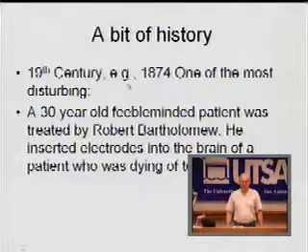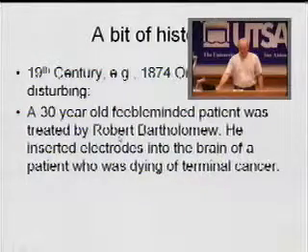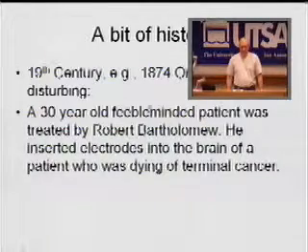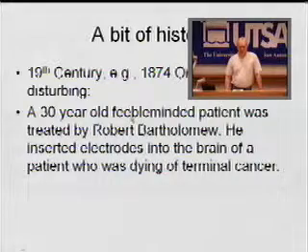In the 19th century, for example, 1874 is one of the most disturbing instances, where a 30-year-old feeble-minded patient was treated by Robert Bartholomew, of course without representation by a proctor, someone having the authority to make the decisions for the feeble-minded patient. He inserted electrodes into the brain of a patient who was dying of terminal cancer.